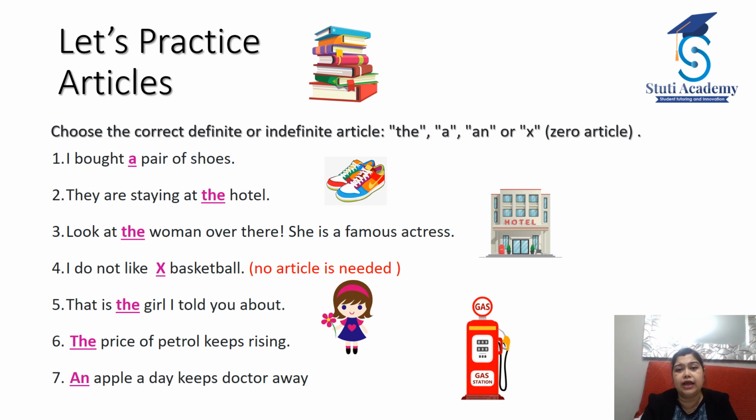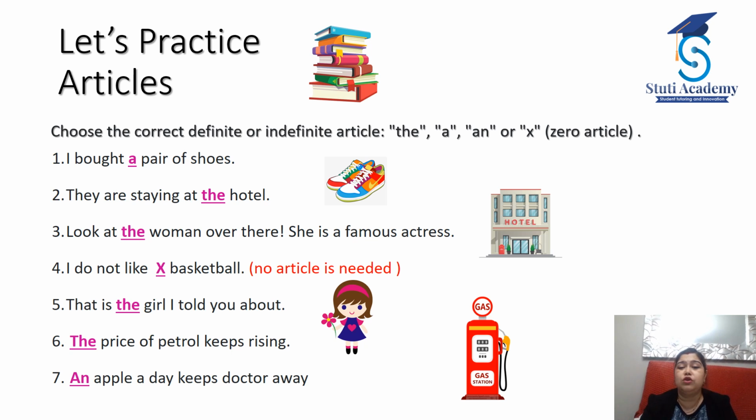I do not like basketball. Now, this particular sentence does not need an article. Why? Because basketball in itself is specific. So you don't say the basketball. You say, I do not like basketball. Then you have, this is the girl I told you about, definite article.